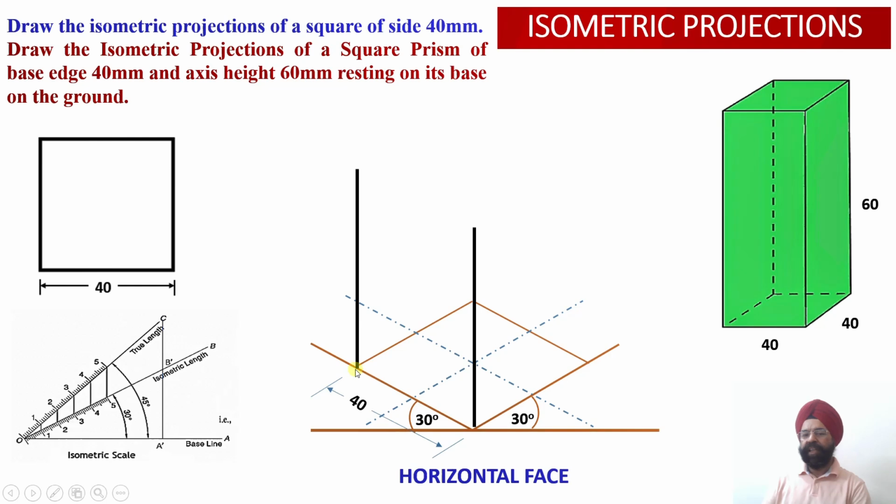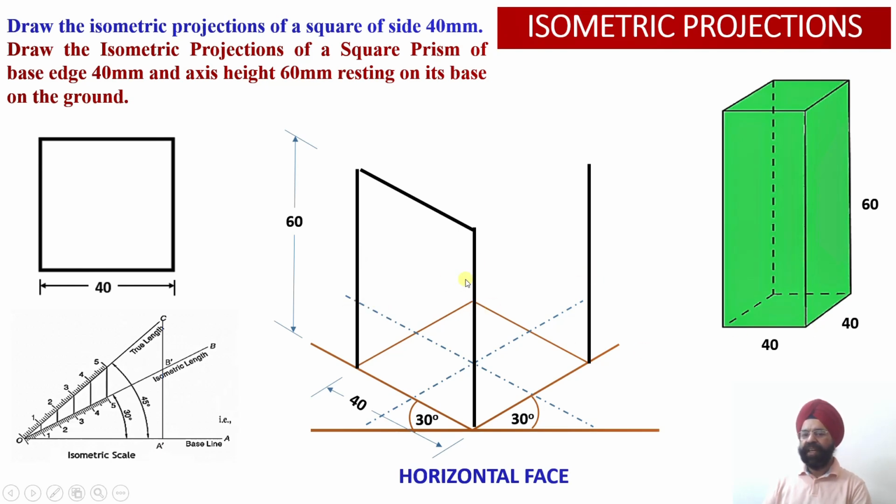Similarly, from the other two corners, this corner and this corner, we are going to draw two more vertical edges, that is the longer edges of this particular square prism, right? These edges are called the longer edges of the prism. So three longer edges are visible to us.